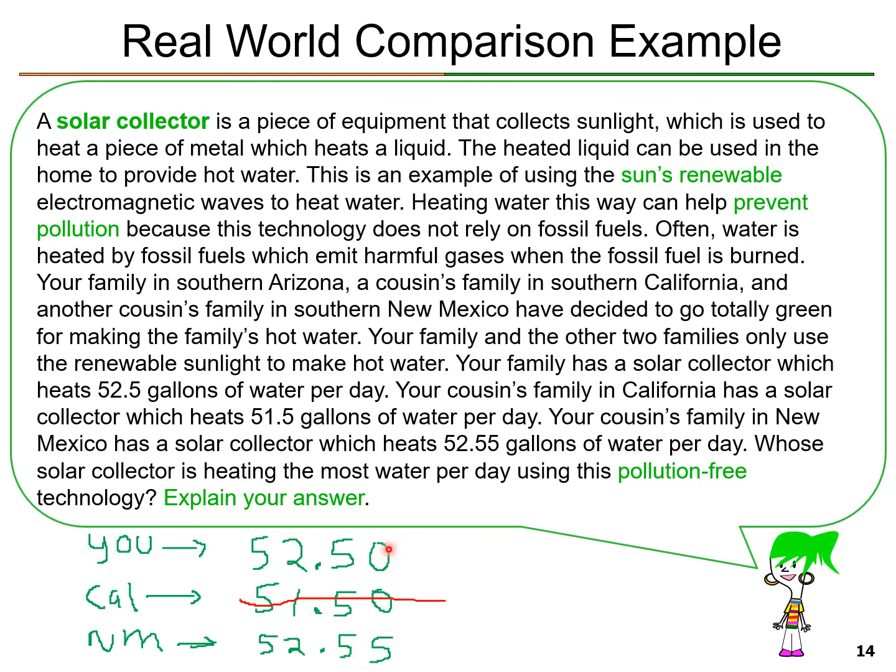This number has a 0 in the hundredths place, and this one has a 5. So this number here is the largest. So your cousin in New Mexico, their family is generating the most hot water per day using the renewable technology known as solar collectors.